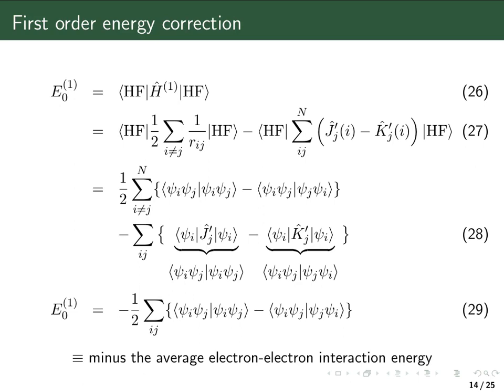We can evaluate this. The first one gives just the sum over the Coulomb minus exchange integrals, like always in Slater-Condon rules. Whereas here, these being 1-electron operators, we get a sum over what looks in the first place like 1-electron integrals.